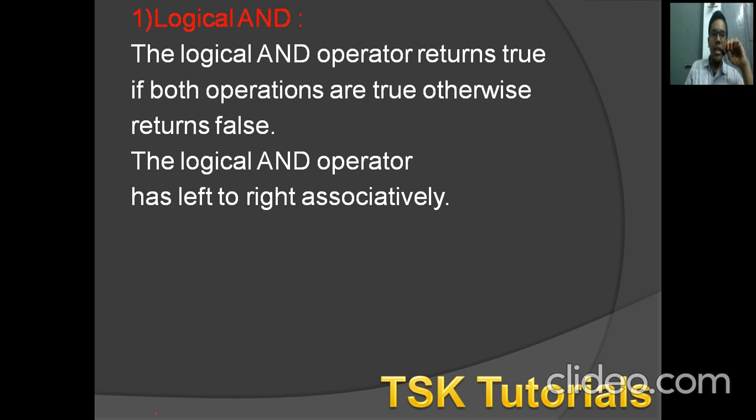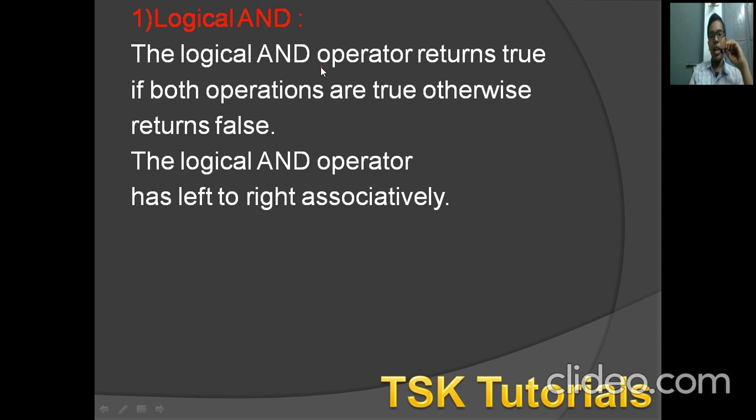In the same way, in logical AND we are giving two expressions. If both the expressions become true, then the output is also true. If any one expression becomes true and the other becomes false, then the output is false. This is what the AND gate simplifies.